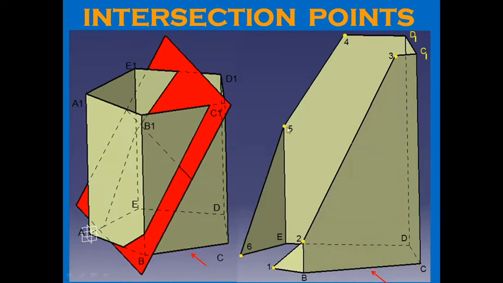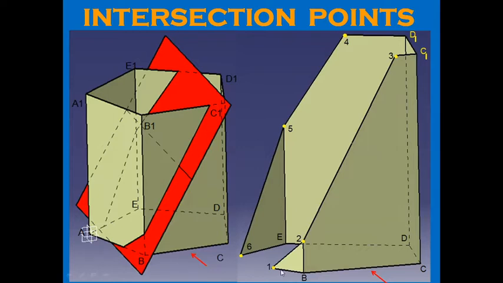Similarly, 5 is the intersection point of the section plane with the vertical edge E1E. You can see somewhere here. So that point is 5. E1E, the vertical edge. And finally, the 6th intersection point. It will be somewhere here between A and E. It is some distance from E. This is the point, and this point is 6 at some distance from E. So these are the 6 intersection points.